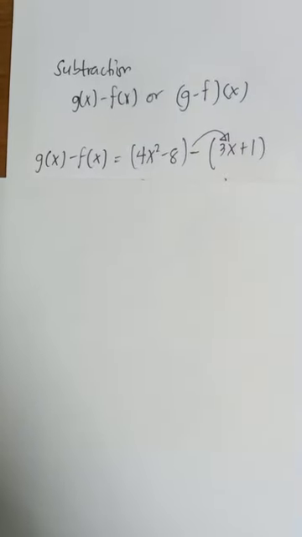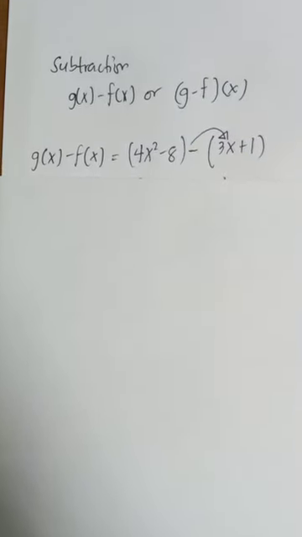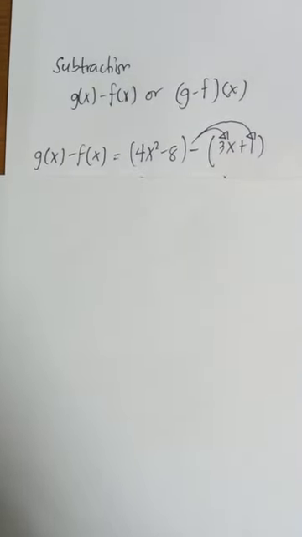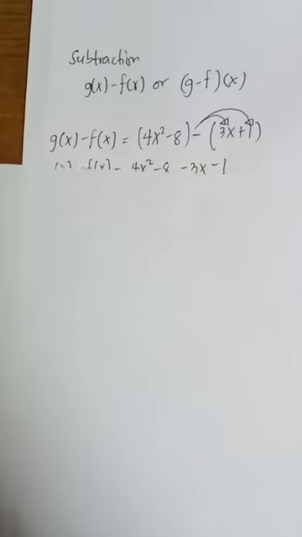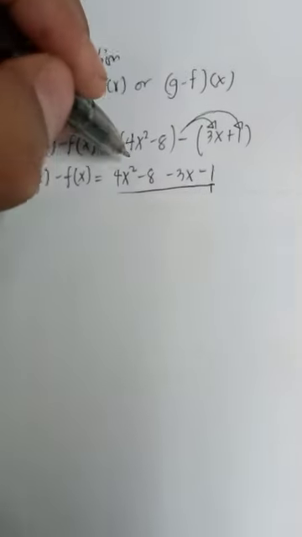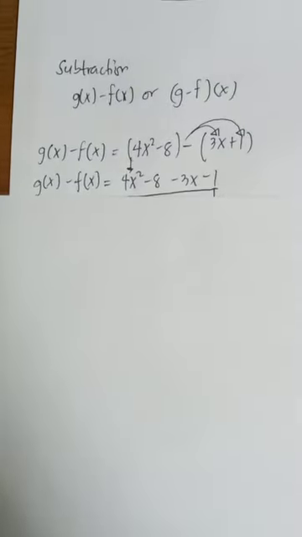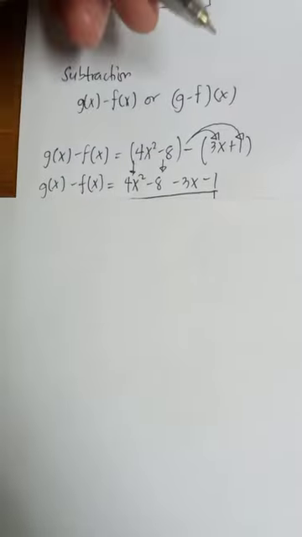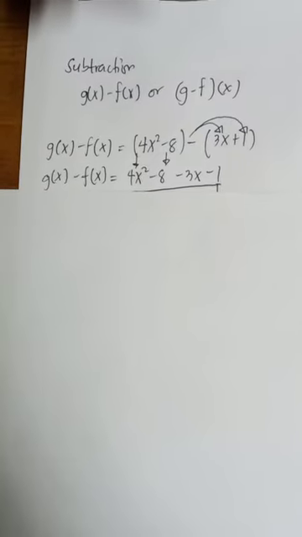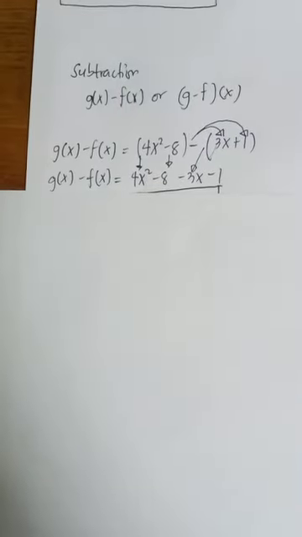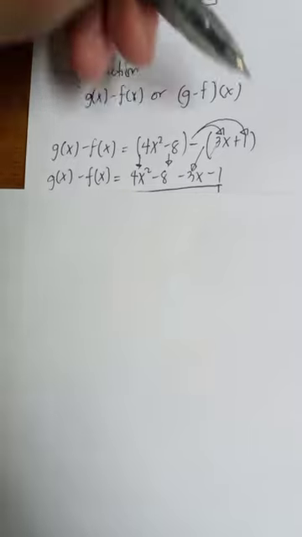So you have now negative times 3x and negative times 1. So you have now 4x squared, coming from here, bring down lang, and then negative 8 also bring down lang, and then negative times 3x, you have negative 3x, and then negative times 1, you have negative 1.